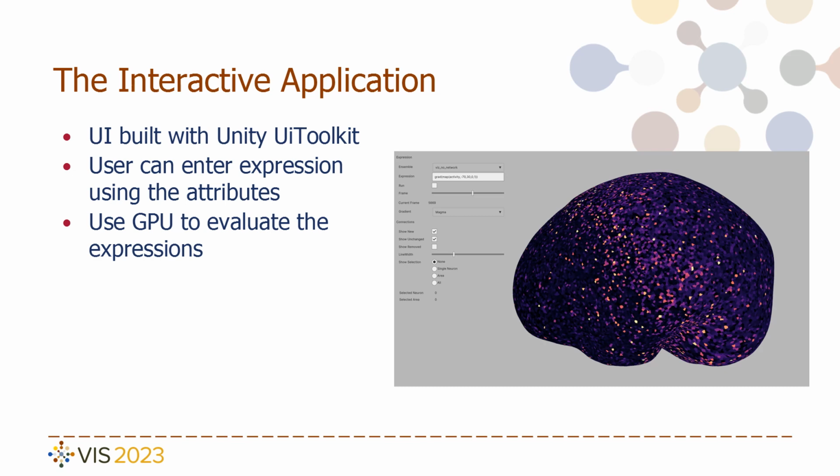So -70 millivolts will be displayed as black and the 30 millivolt level will be displayed as bright yellow. The UI allows us to skip around the selected frames and to replay it at 60 frames per second or lower.